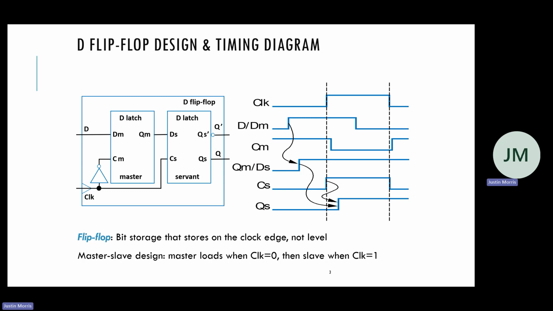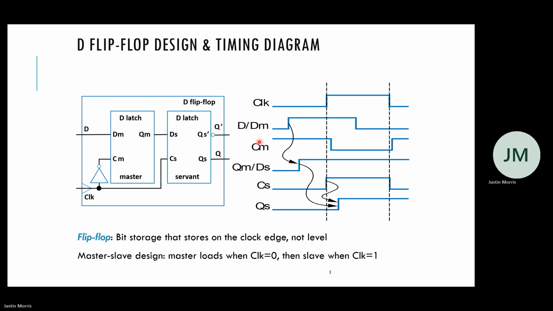Now what happens is when the clock is low, like here, that's when your input can change. During this whole time, your input is allowed to change. Like we see here, D turns from 0 to 1.